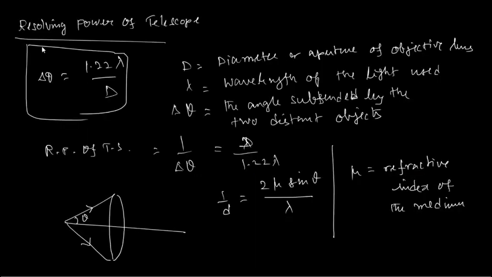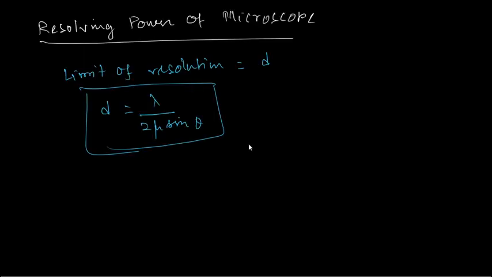But in the case of a microscope, d is equal to lambda divided by 2 mu sin theta, where d is the limit of resolution, and lambda is the wavelength of the light used in the microscope.